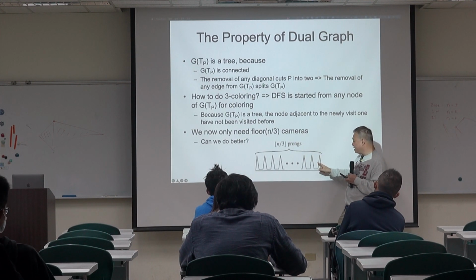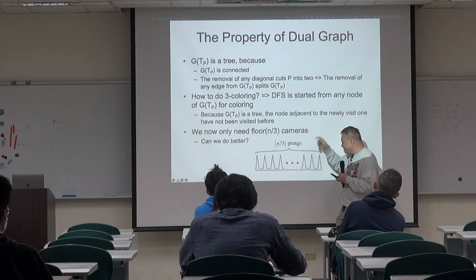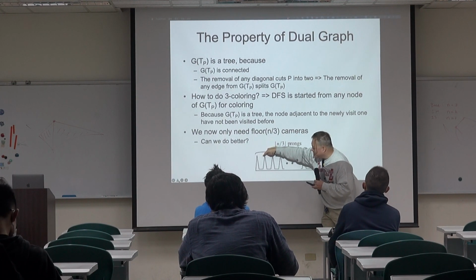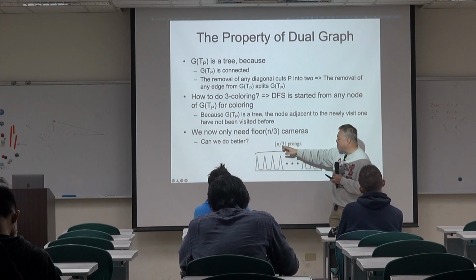The top of this triangle. So the number of these triangle tops will be roughly n divided by 3, right?